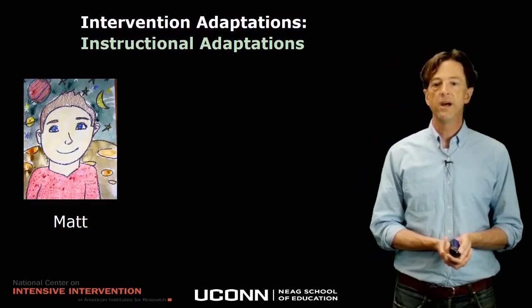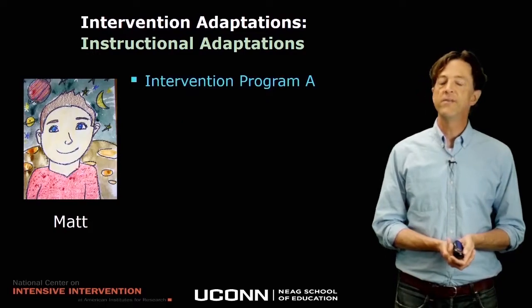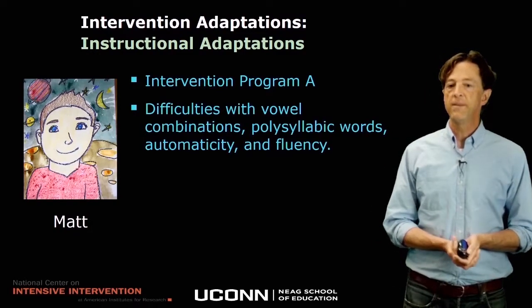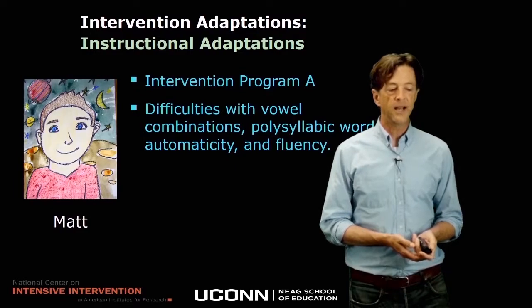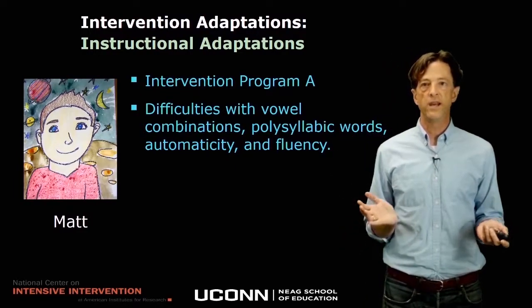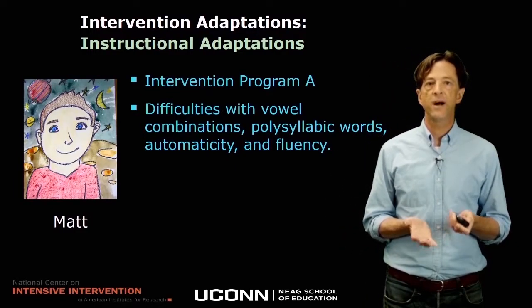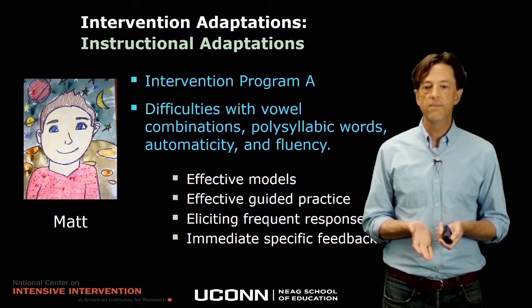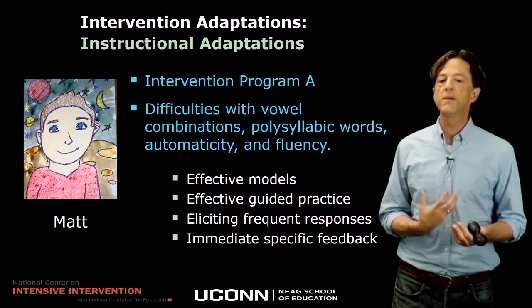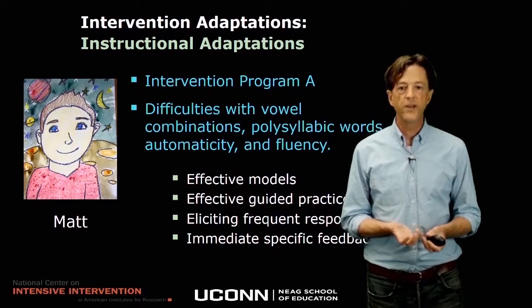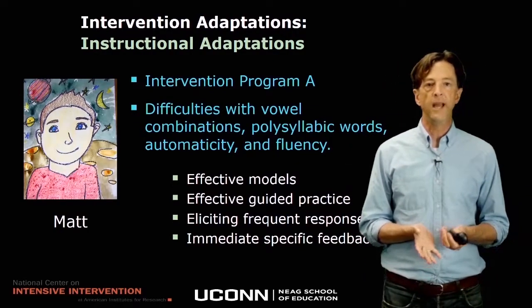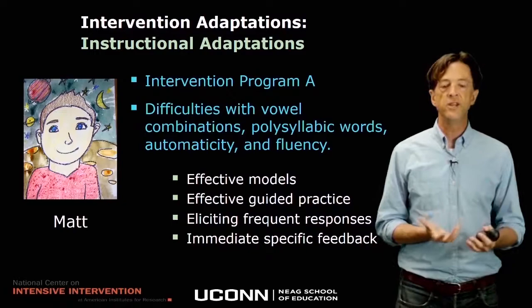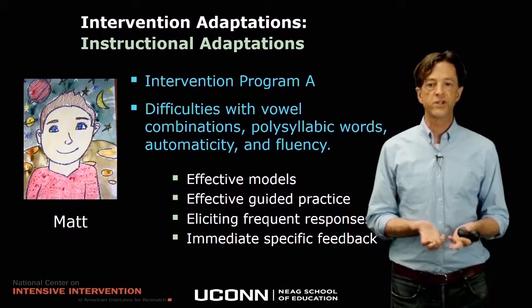With that, we can think about intervention program A. Diagnostic and mastery assessment has shown that he's having difficulties with vowel combinations, polysyllabic words, automaticity, and fluency. We can help the interventionist deliver intervention program A, ensuring that the principles of effective and explicit instruction are incorporated.